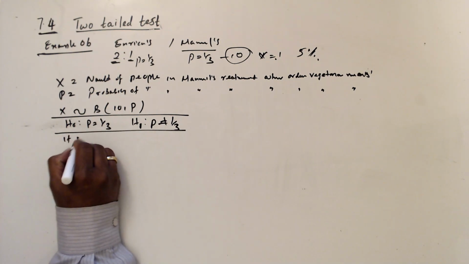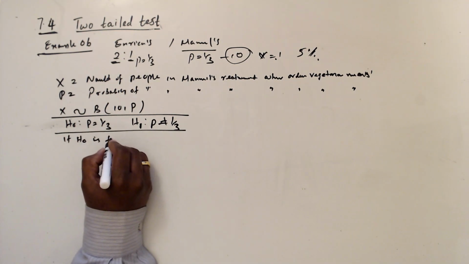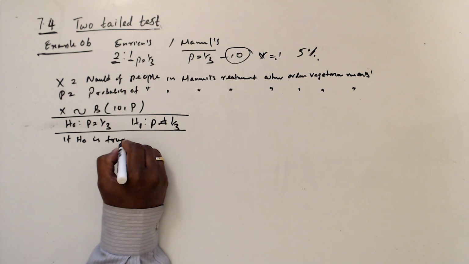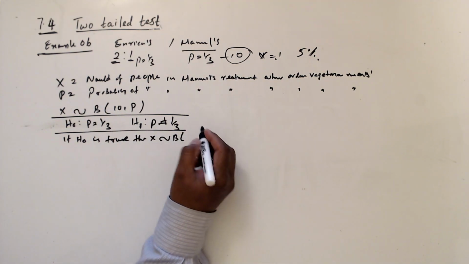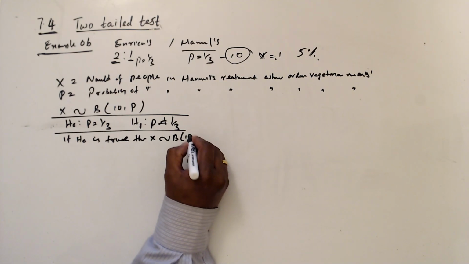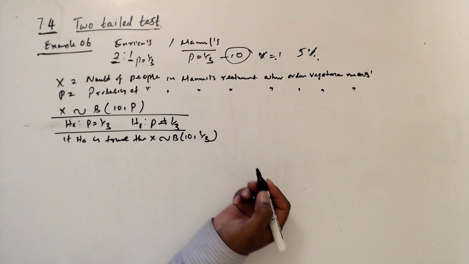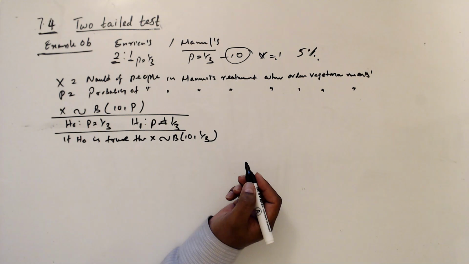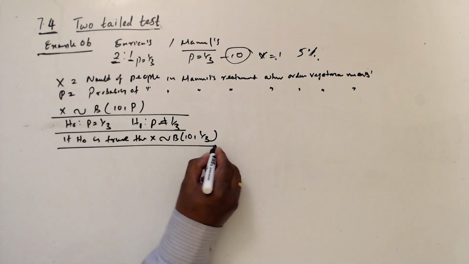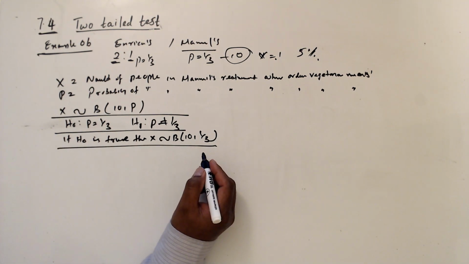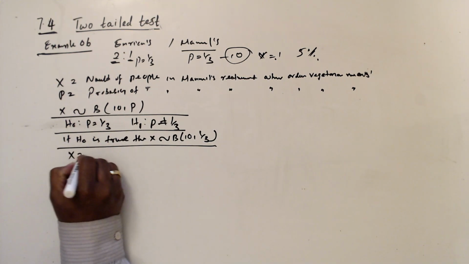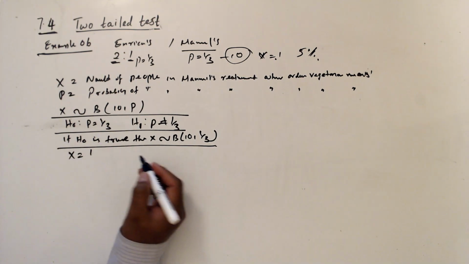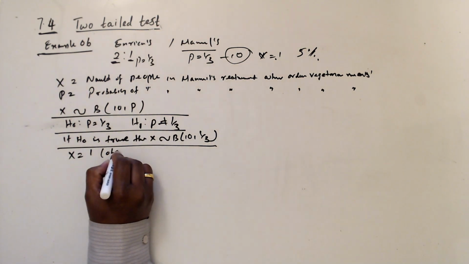So if H0 is true, then X should follow binomial(10, 1/3). So now we are going to work with the first method. So X equal 1, this is the observed value.